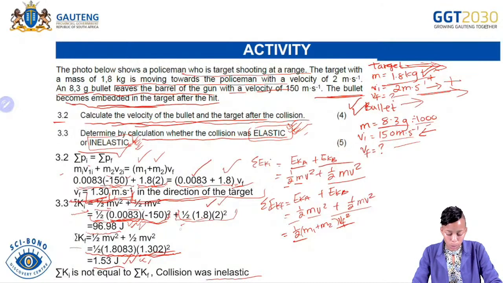But because now they are not equal, you say the sum of the kinetic energy before the collision is not equal to the sum of the kinetic energy after the collision. Therefore the collision was inelastic. So this is very, very important. Remember to always state that statement after the calculations.